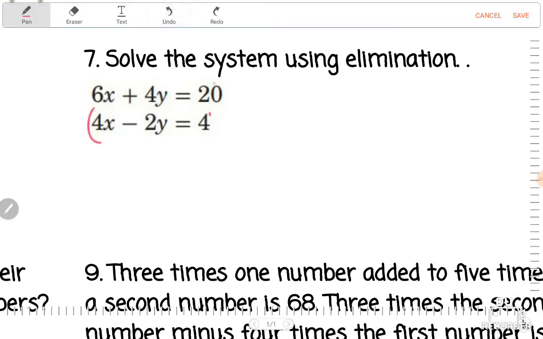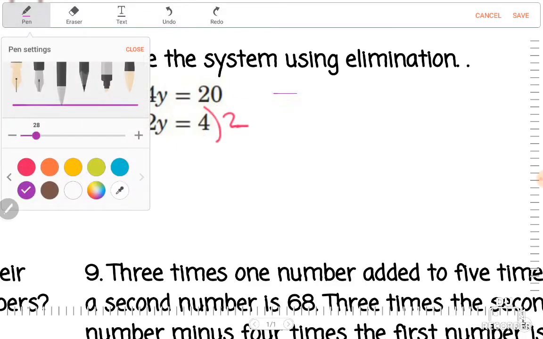If I multiply it by 2, you'll see that the y parts are going to cancel. So if I multiply by 2, that's a good option because I'll end up with 4y in the first equation and then -4y in the second. So those will be ready to cancel out. So that's what I'm thinking to figure out what to multiply by.